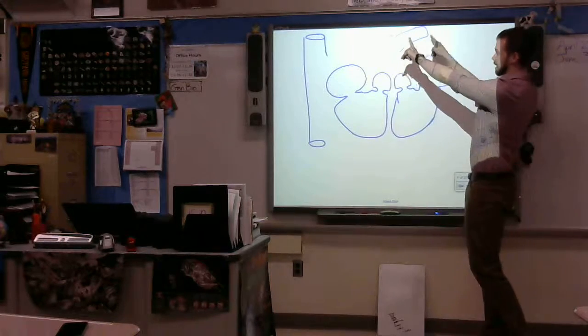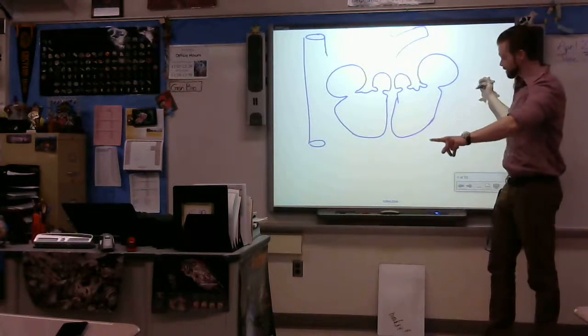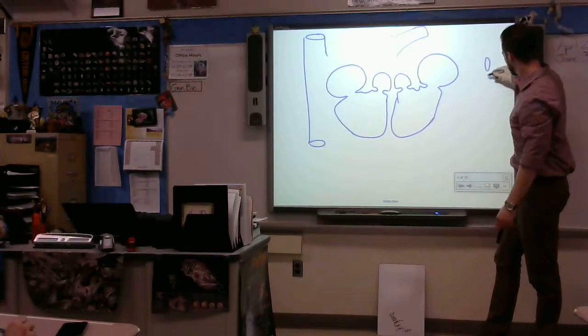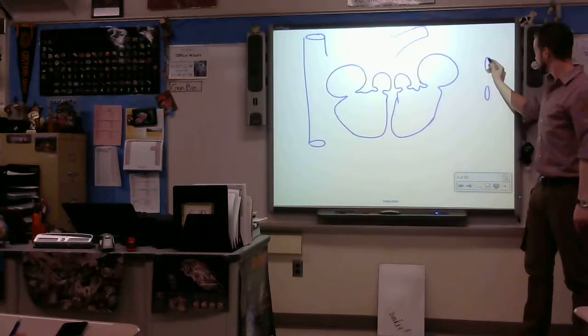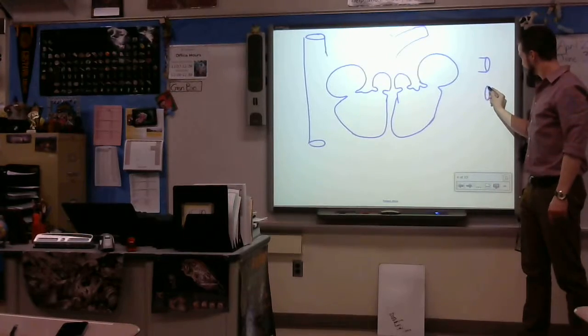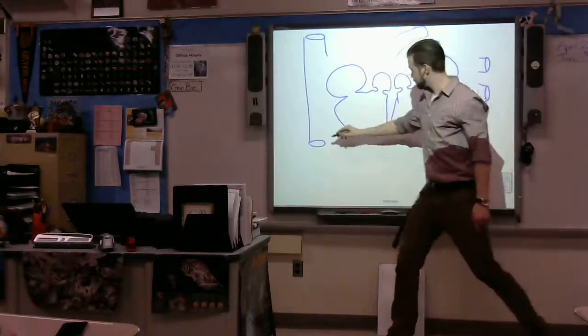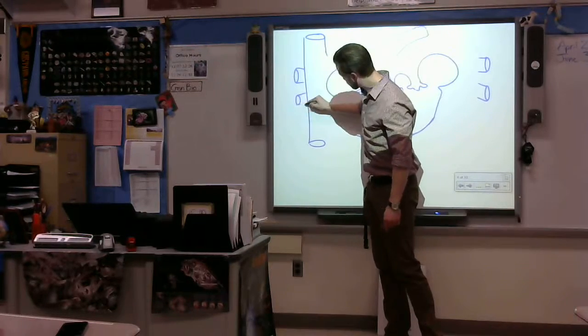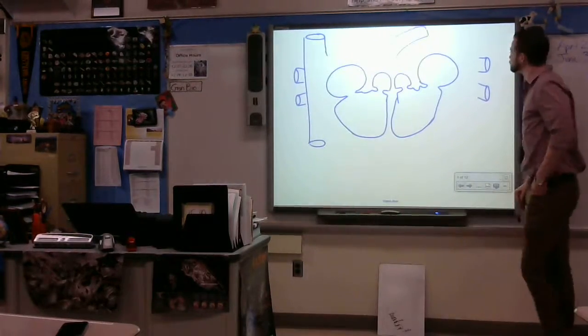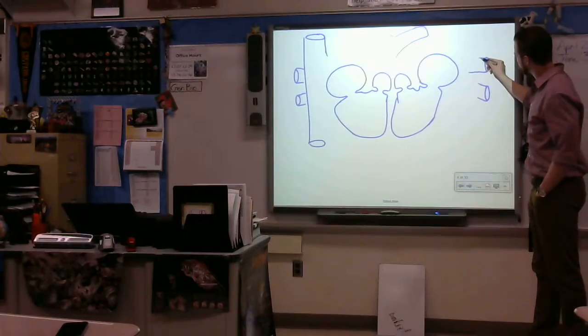So the blood goes to the lungs, gets oxygenated, and comes back. These are the pulmonary arteries. These are the pulmonary veins. And there's a set on both sides. Make those a little longer.